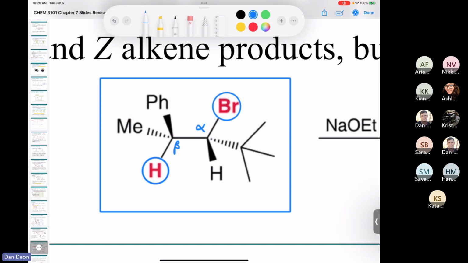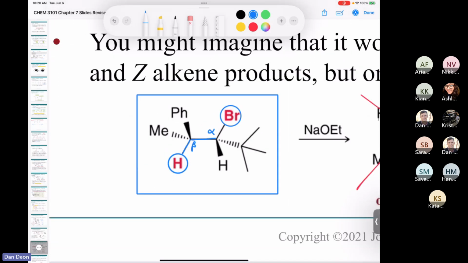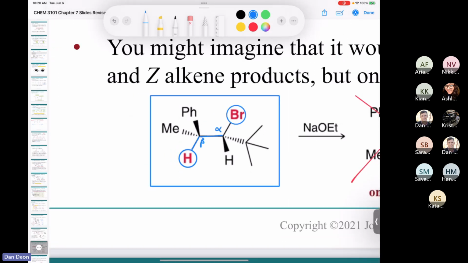All you have to do is draw the dash and wedge structure like this so that the hydrogen and the bromine are on the plane of the page. That's it. And they have to be on opposite sides of the bond between the alpha and the beta carbon. You have to have the bromine and the hydrogen drawn in the same plane, and they have to be in the most stable conformation as is shown here.